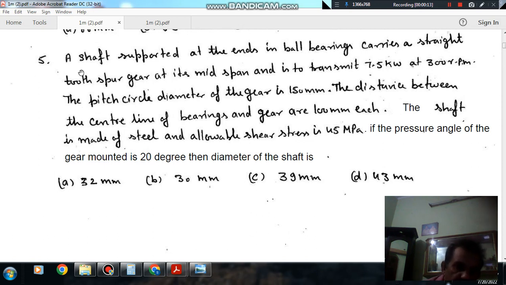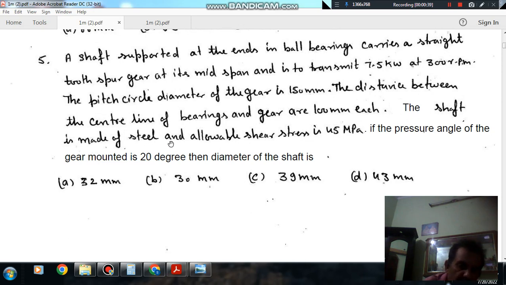Question number 5: a shaft supported at ends in ball bearings carries a straight tooth spur gear at its mid span and is to transmit 7.5 kilowatt at 300 rpm. The pitch circle diameter of the gear is 150 mm. The distance between the center line of the bearing and gear is 100 mm each.